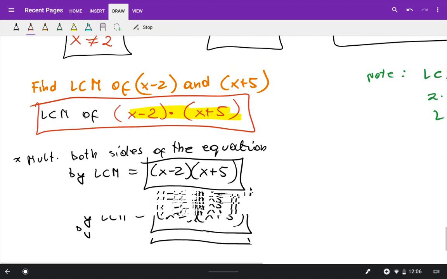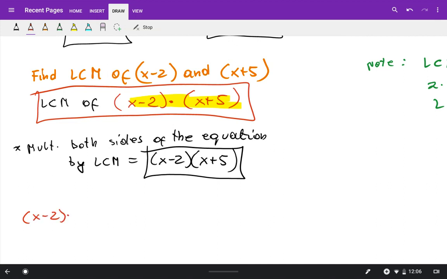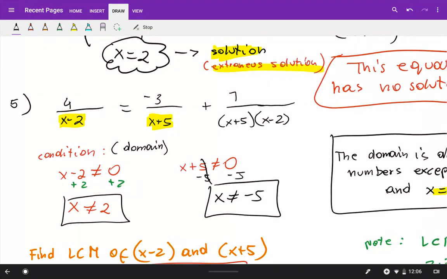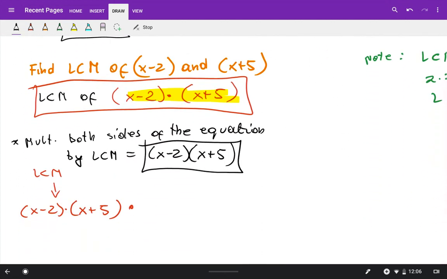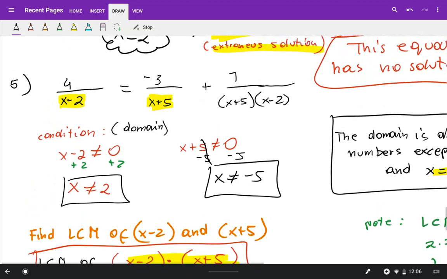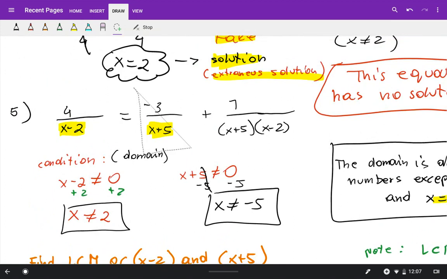So, x minus 2 times x plus 5, which is again the LCM, times the original left side of the equation, which is 4 over x minus 2, equals the LCM, x minus 2 times x plus 5, times, in parentheses, the right side of the original equation. Copy.